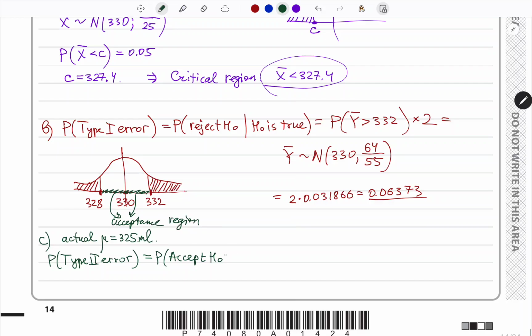Acceptance region. And while the null hypothesis is false, I know how exactly it is false. It is false because mu is 325. So in other words, it's probability.